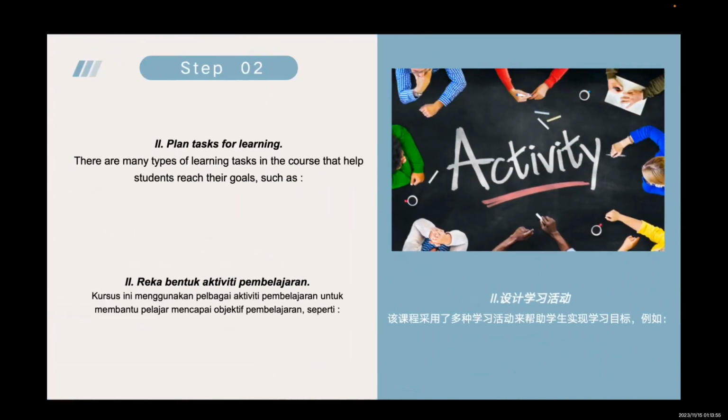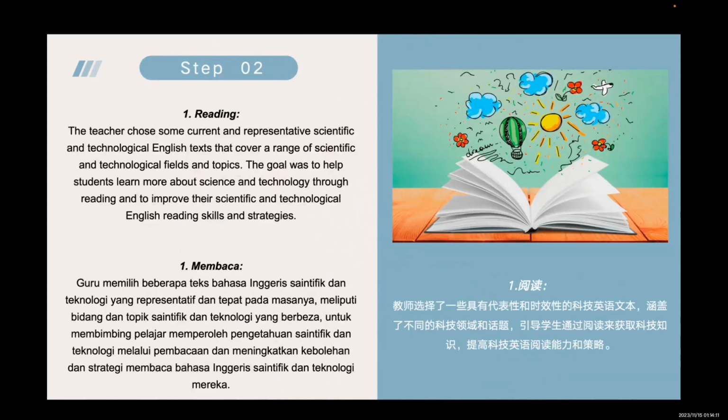And number four is step two. Step two is plan tasks for learning. There are many types of learning tasks in the course that help students reach their goals, such as number one, reading.